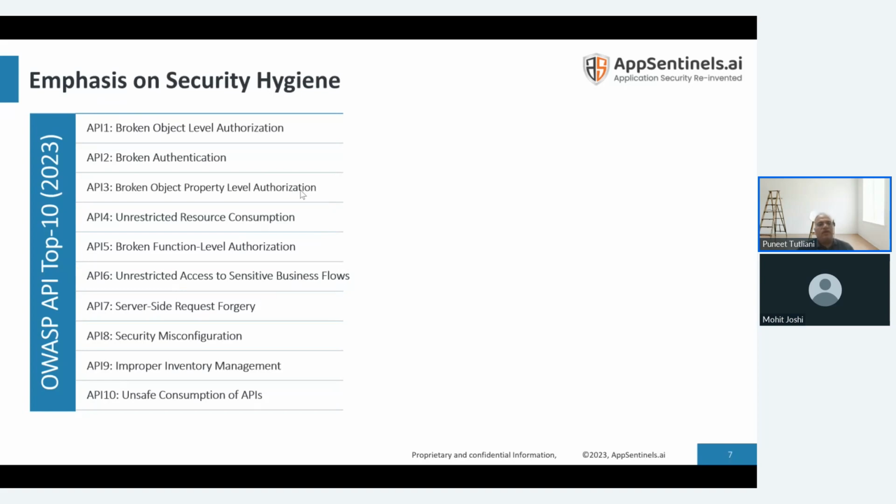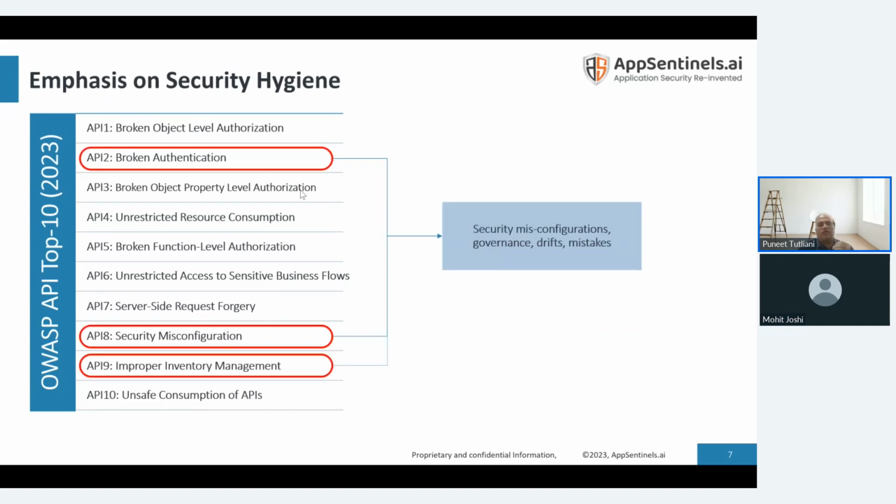Let's focus on the third aspect of the changes that have gone into the OWASP 2023. What you would also see is that there is a renewed focus on security hygiene. Things like broken authentication, where it could be a mistake, it could be some governance-related challenge, where APIs are left unauthenticated, or an unauthenticated API may be leaking out certain sensitive data, which is very, very important for hackers to target.